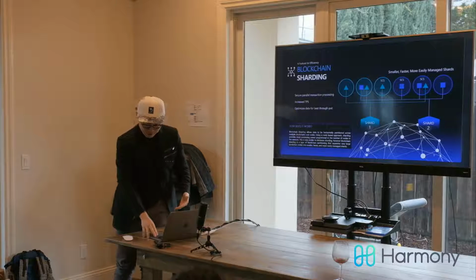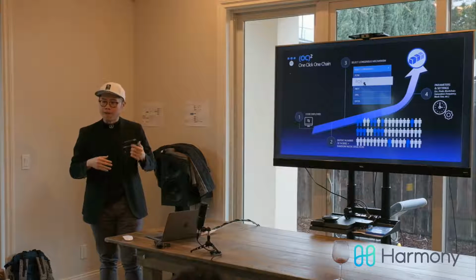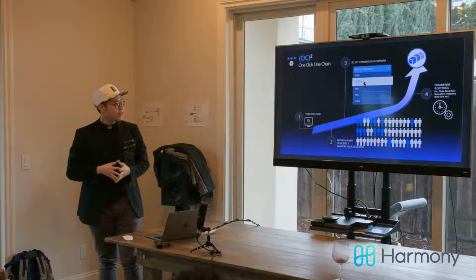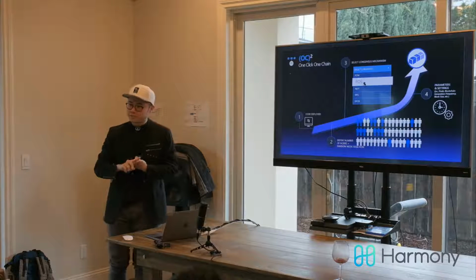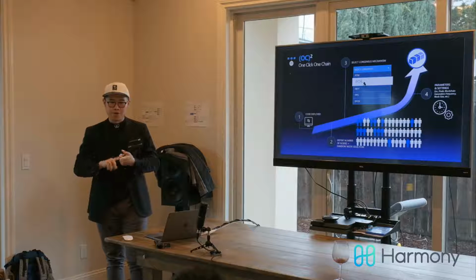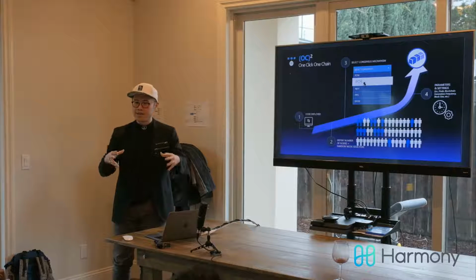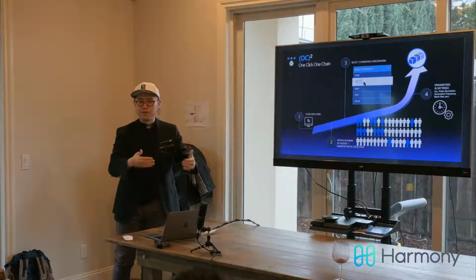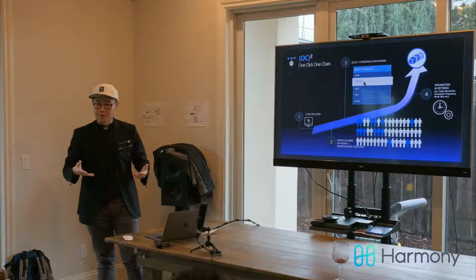With that, we launched a feature called OC Square, which stands for one click, one chain. That means each of the macro chains has its own consensus protocol and its own configurations, so we can treat each macro chain as a standalone blockchain, and we can use it as a standalone blockchain. And how do you create a macro chain?